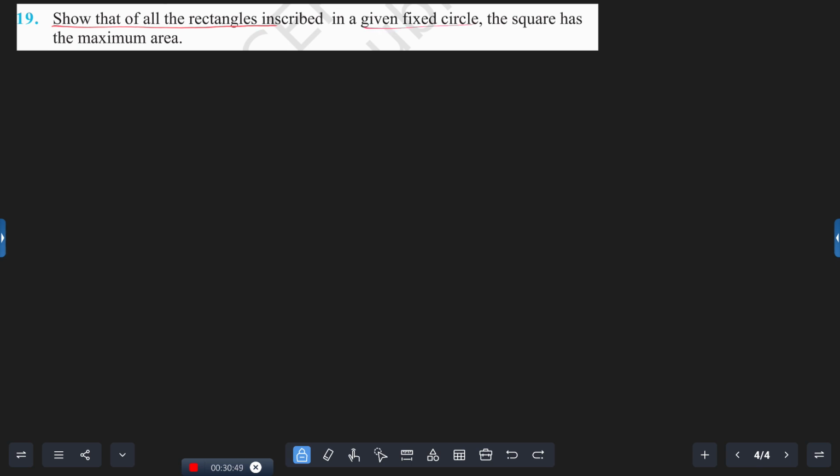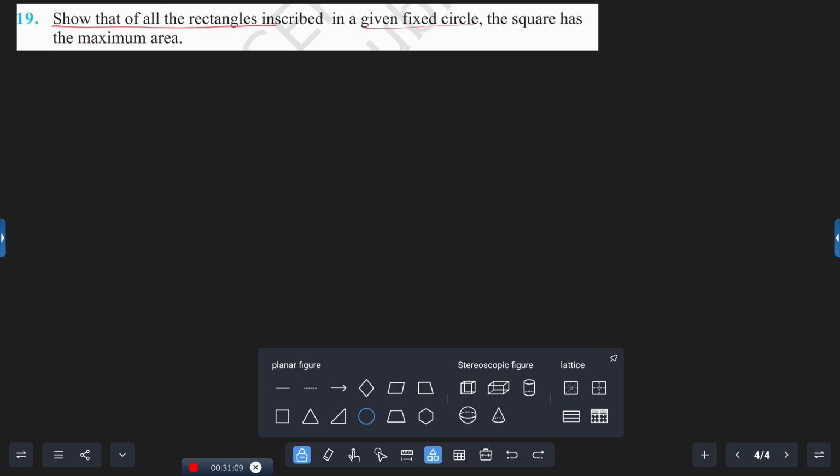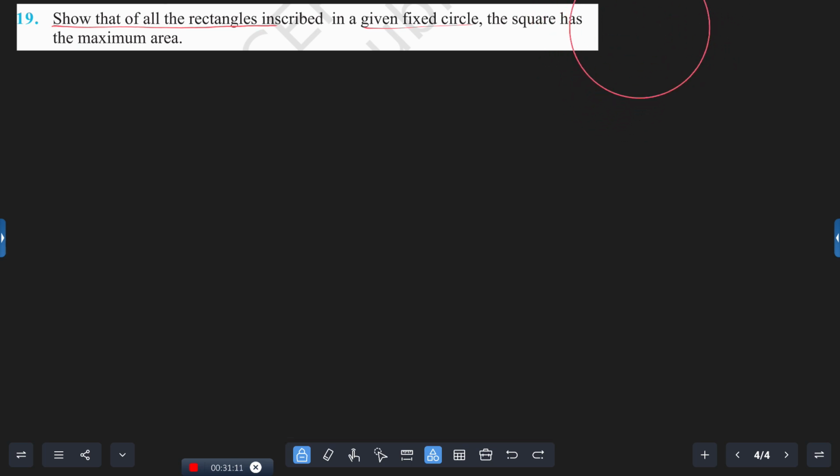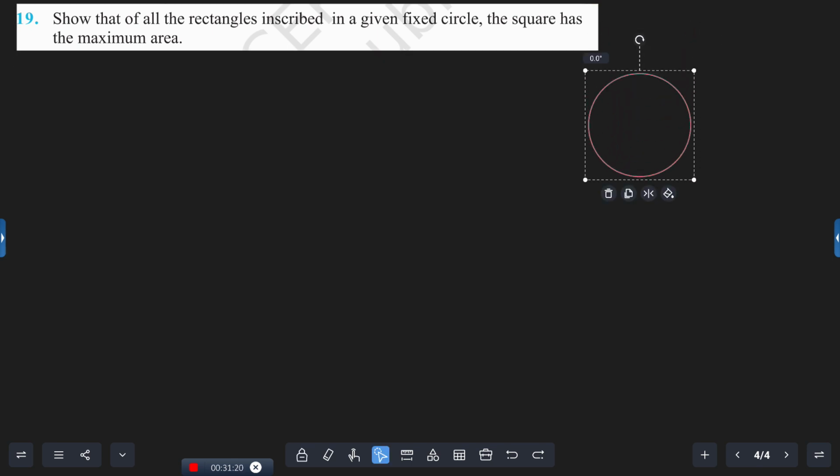There is a circle, it seems. So, rectangle inscribed in a fixed circle. It means the rectangle will be inside or outside? Inside. That is what they are telling. All rectangles inscribed in a given fixed circle. So there is a circle, I am taking here.